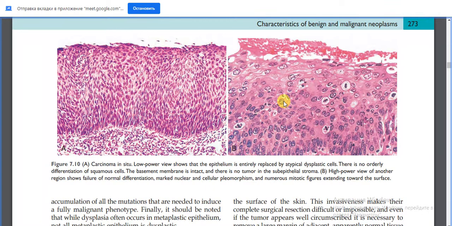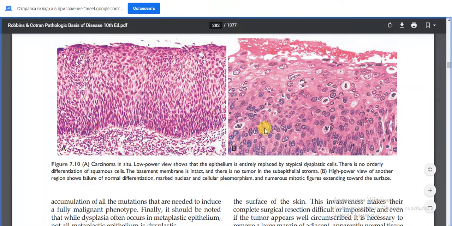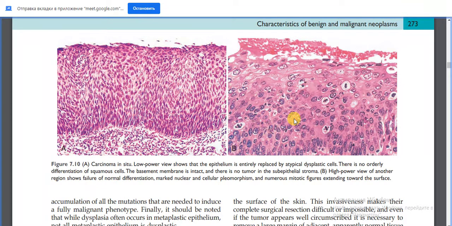And here in the high power, what do we see? There is mitosis. As we discussed in histology, in the upper parts of stratified squamous epithelia, mitoses are very rare, because less nourishment comes, and genetic predisposition says that if we have less blood intake, we shouldn't divide.